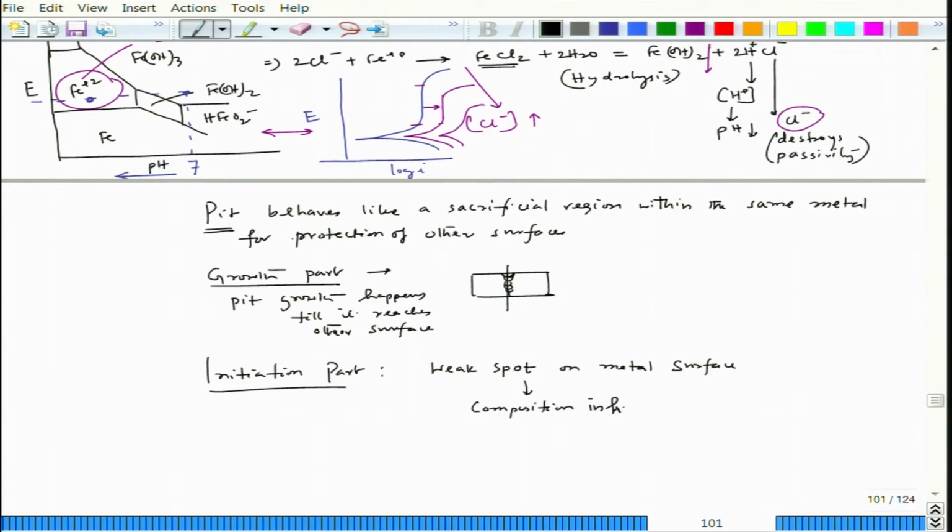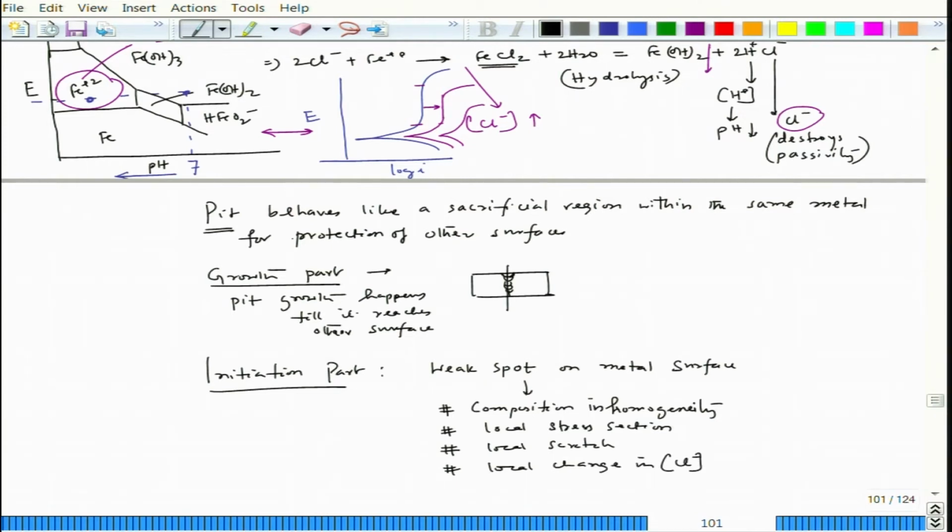inhomogeneity, it could be due to local stress section, it could be due to local scratch, it could be due to local change in chloride ion concentration.